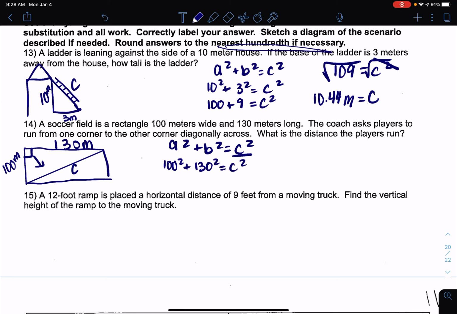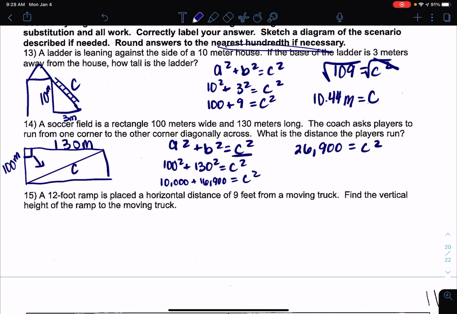When I simplify my exponents, 100 squared is going to give me 10,000 plus 130 squared is going to give me 16,900 is equal to c squared. Okay, I can simplify by still adding that 10,000 plus 16,900, which is going to equal 26,900 is equal to c squared.